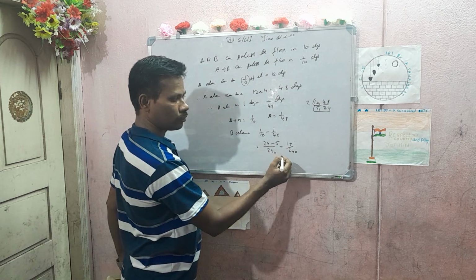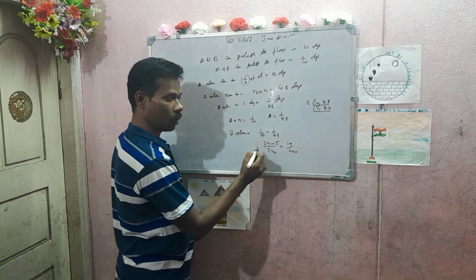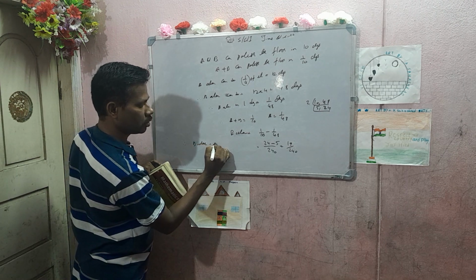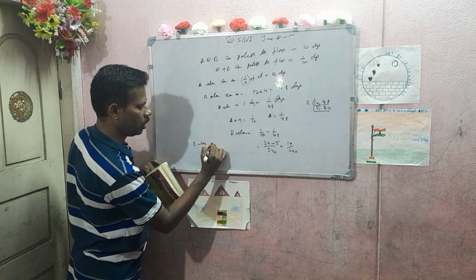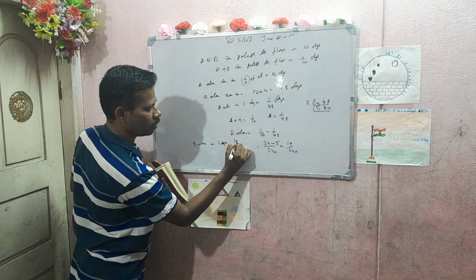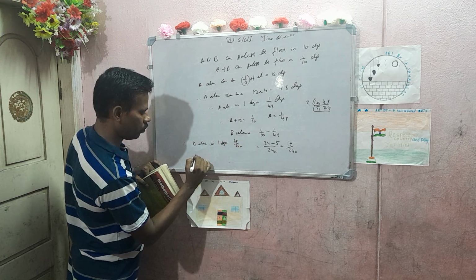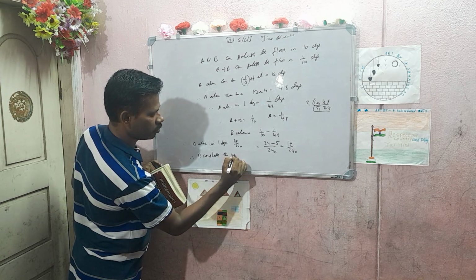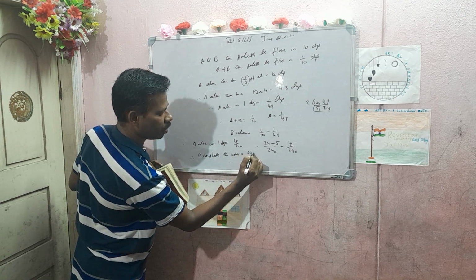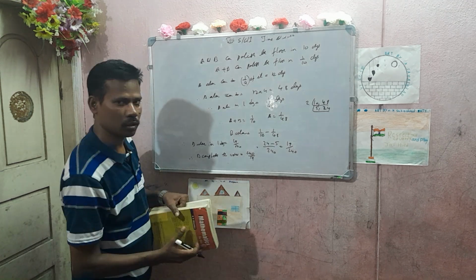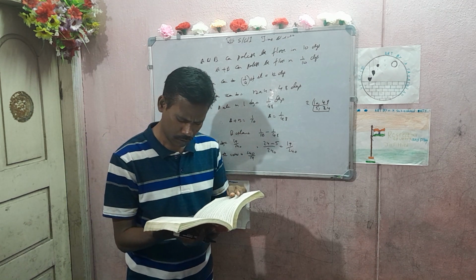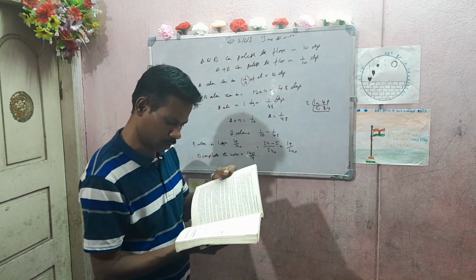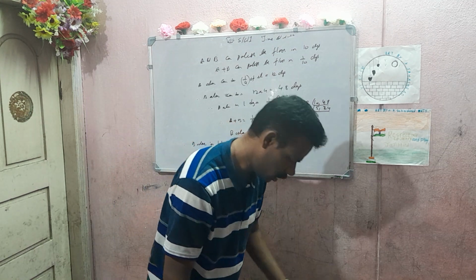So now this is for 1 day. Therefore B alone in 1 day does 19/240. Therefore B completes the work in 240/19 days. If you simplify this, you will get something like 12/19.